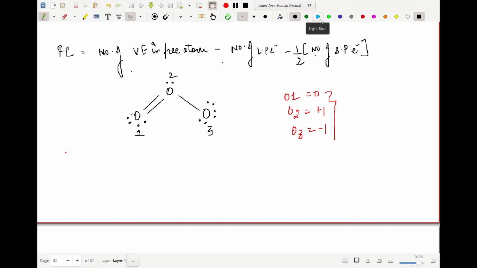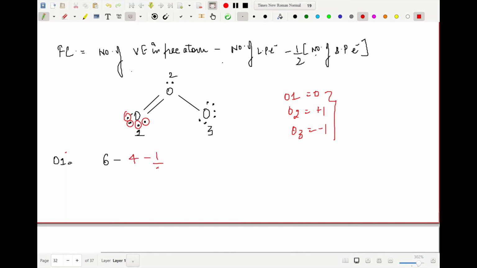Now to find out the same answer with respect to the formula, in case of oxygen 1, the number of valence electrons in free atom, in case of oxygen atom, the valence electrons are always 6. So 6 minus number of lone pair electrons. The lone pair electrons in case of oxygen 1 are 1, 2, 3, 4 electrons, right? So 6 minus 4 minus half into number of bond pair electrons.